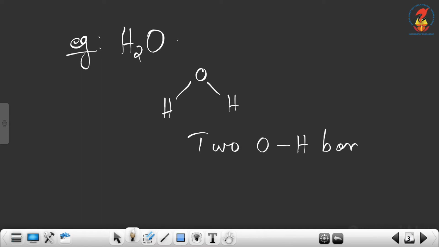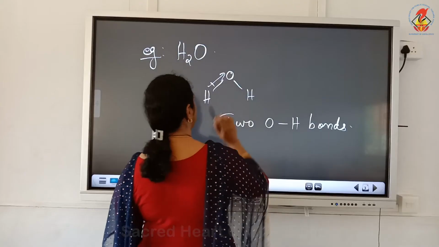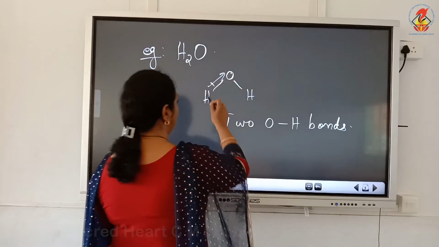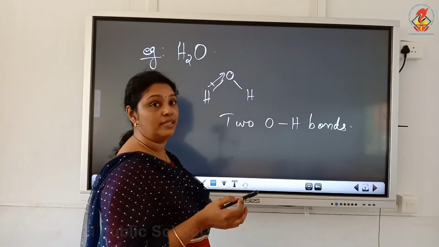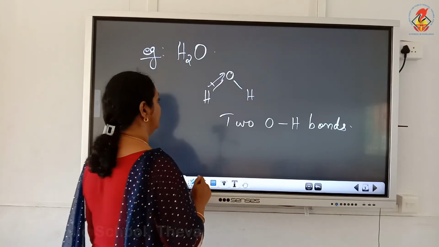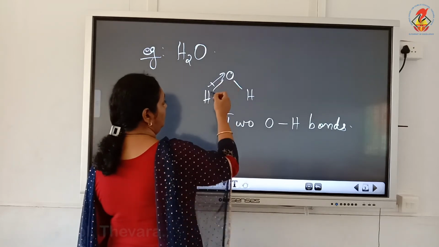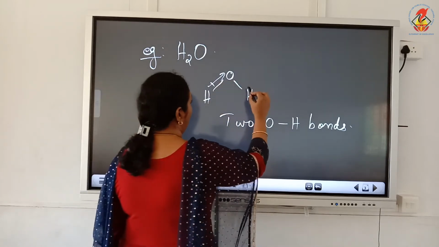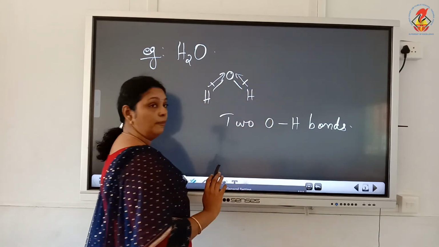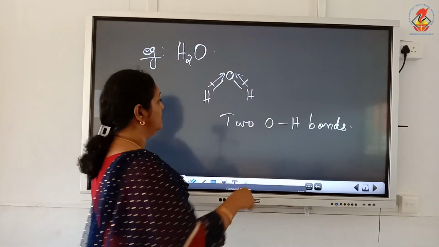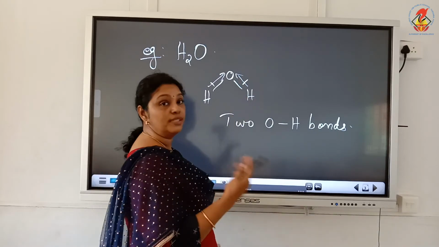The dipole moment for this OH bond is in this direction, because we represent the dipole moment with an arrow, with the head pointing towards the electronegative atom and the tail on the positive center. So this is the bond dipole due to one OH bond, and the next OH bond also will be in the same direction. This is the second bond dipole due to the second OH bond.